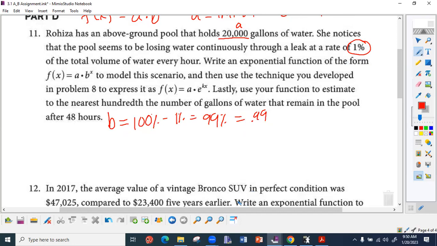Does that make sense? So that's my B. So my function is going to be f of x equals 20,000 times 0.99 to the x. Oh, is that 1% or 11%? It's 1%. My percent symbol.